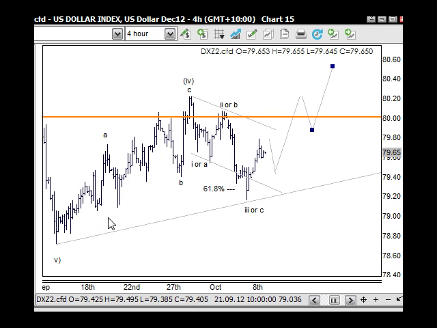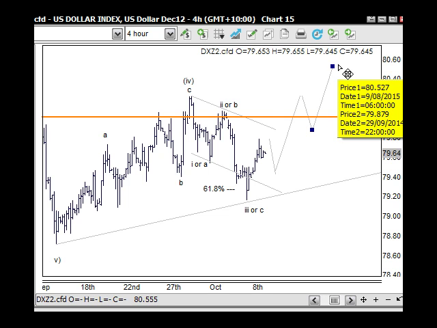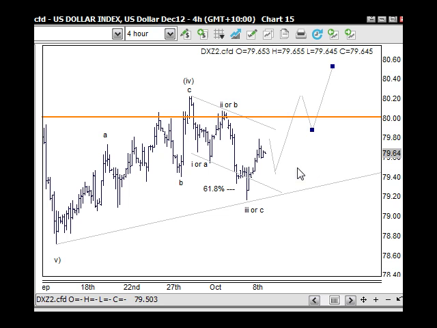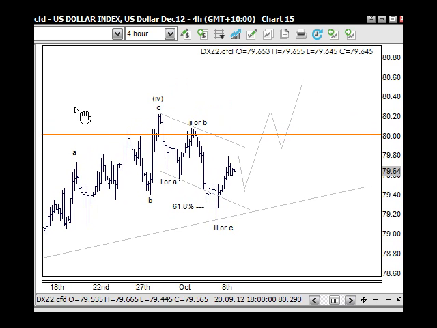So that would give us a C wave. That would basically give us an A wave to here, a B wave to here, and a C wave up to here, and then we would see the move down. And while this is moving up through here, of course, the euro and the S&P 500 would be doing the opposites through here. So that's that pattern.